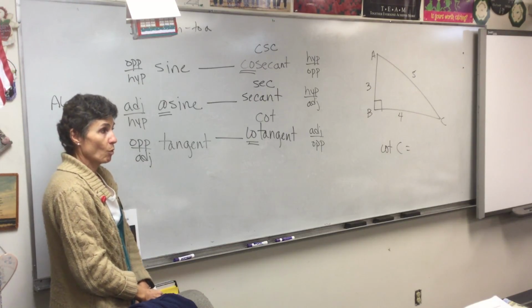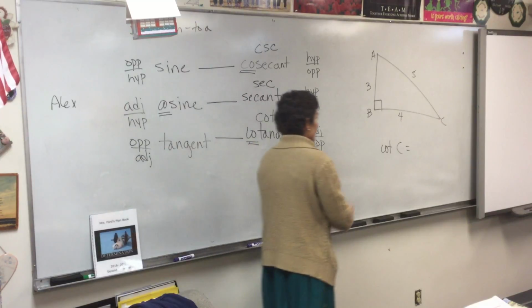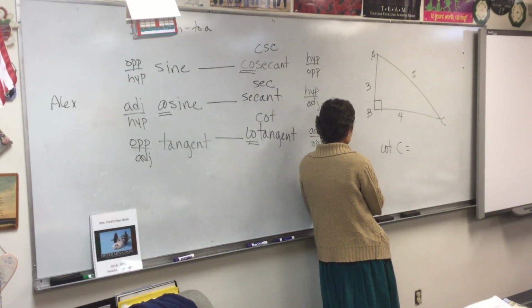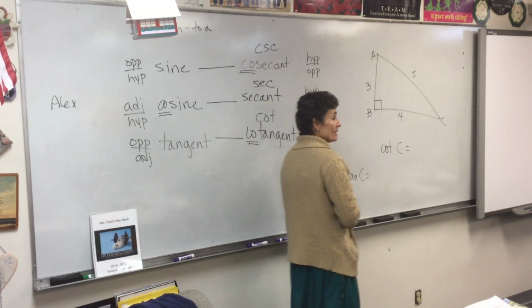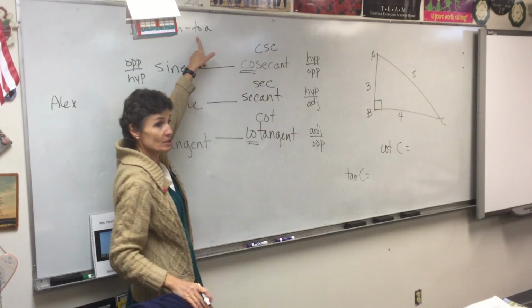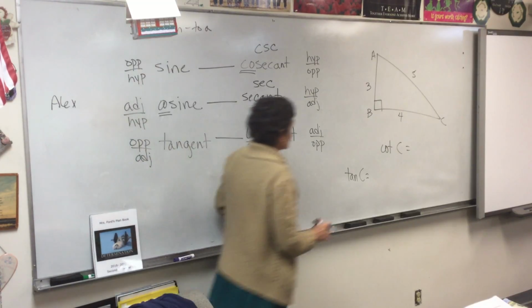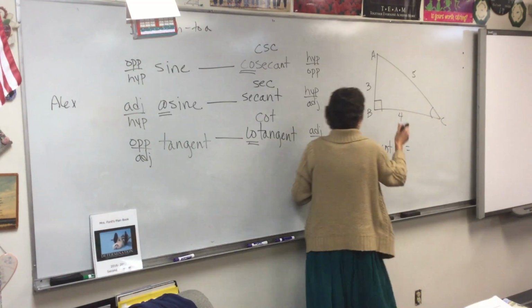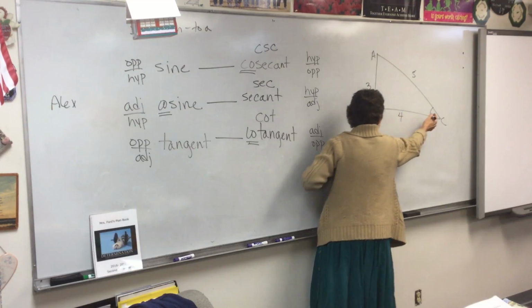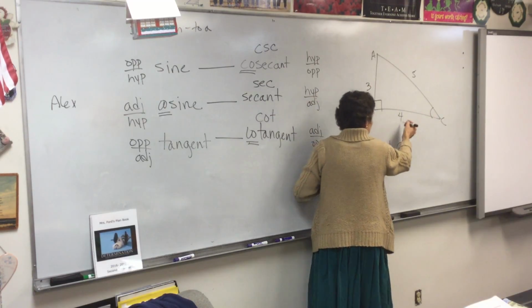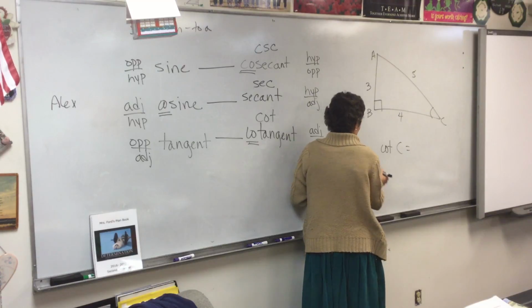Now, you can do this however you want. I will do it this way. I'll say first I'm going to find the tangent of angle C. Because I know tangent is what? Opposite over adjacent. So here's angle C. What will opposite over adjacent be? 3/4.